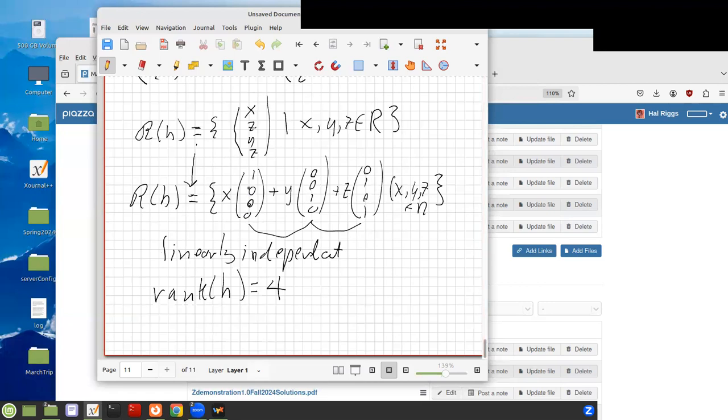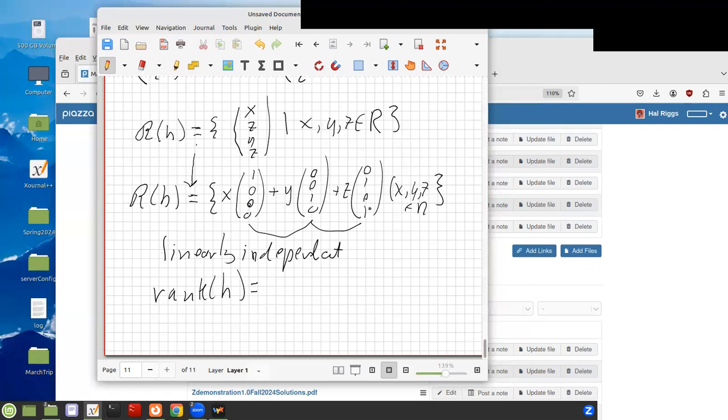Wouldn't the rank of any map to R4 then be 4? The point is this: it has nothing to do with the number of components.